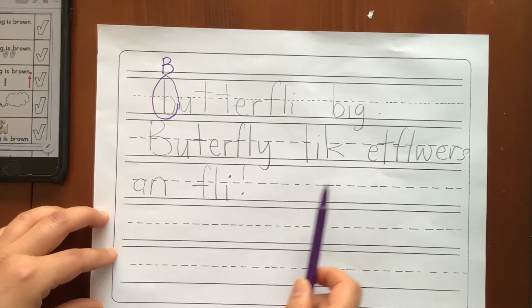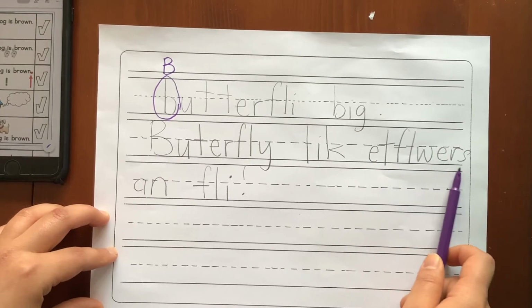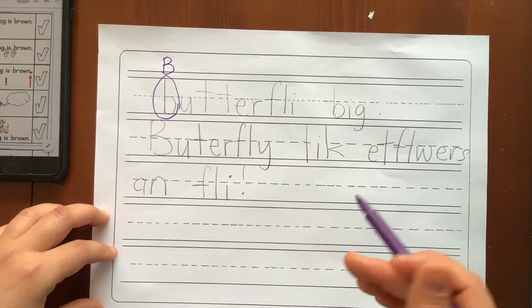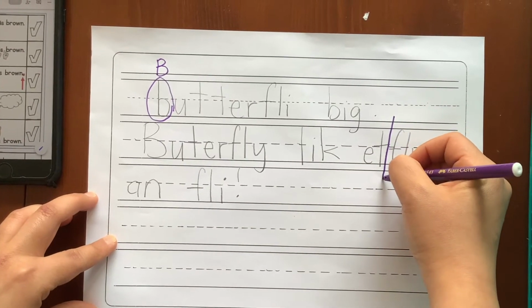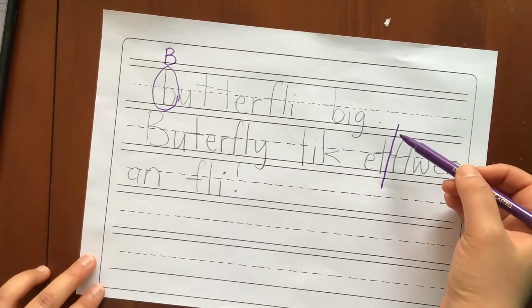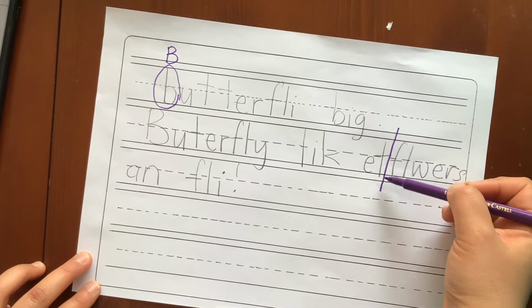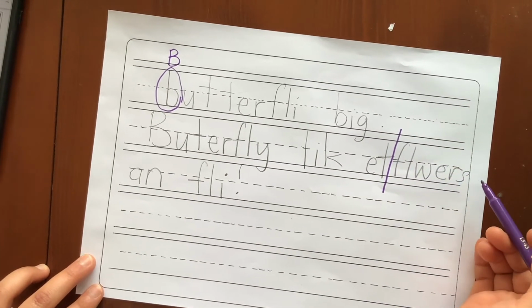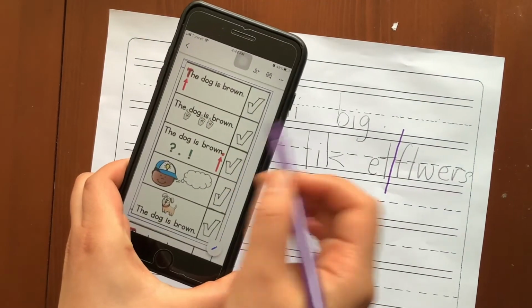So then you can remind them, oh, is there a space between the word eat and flowers? And if there's not, say, okay, so let's make sure we remember to space it. And you can just tell them to draw a line here to make sure that there is finger spacing between the words eat and flowers. Okay, and when all of that is done, check it off.